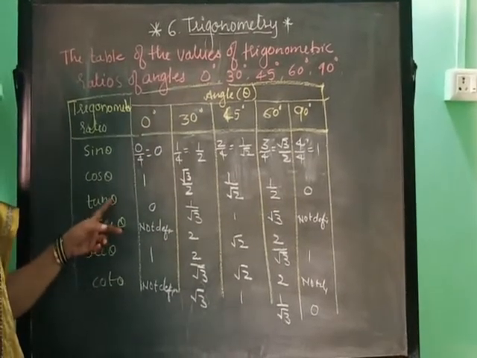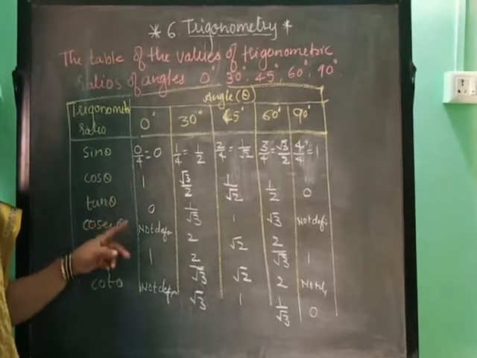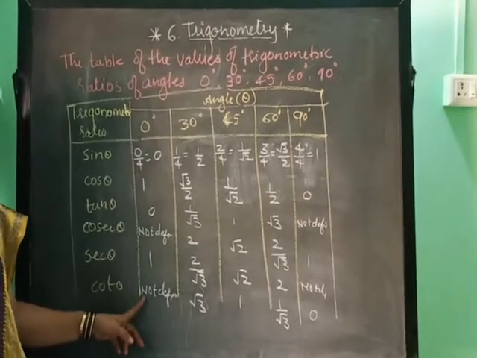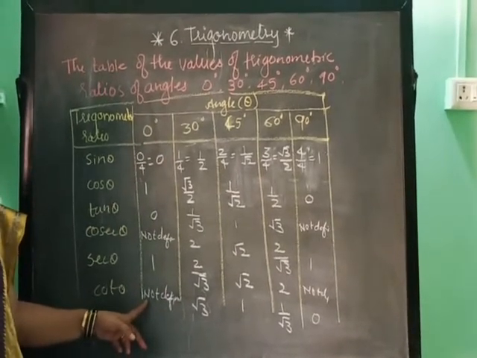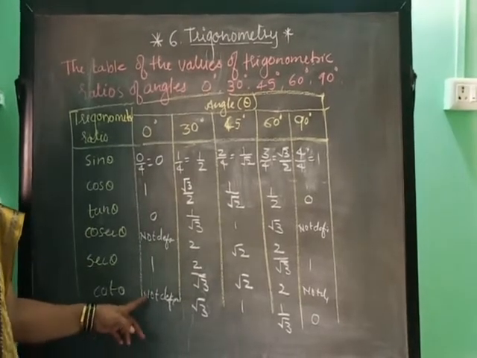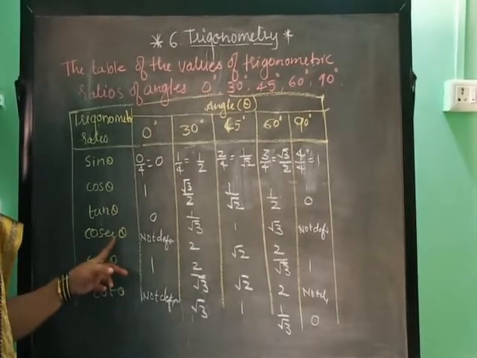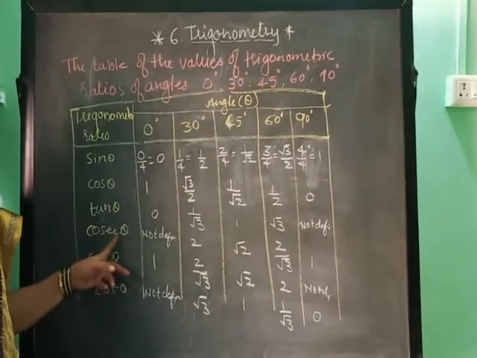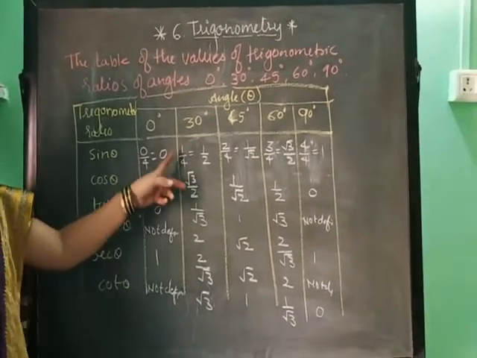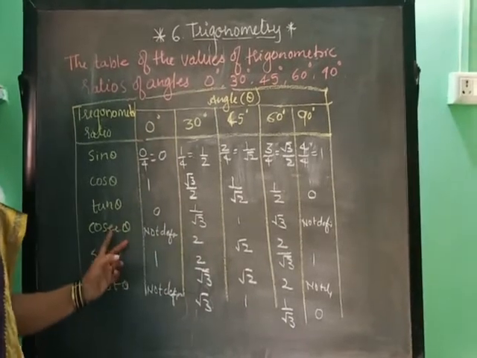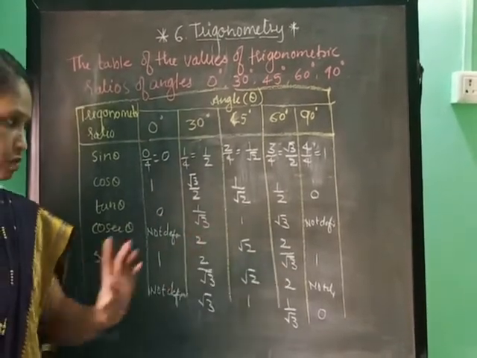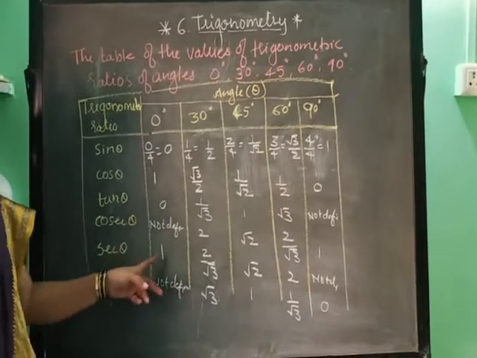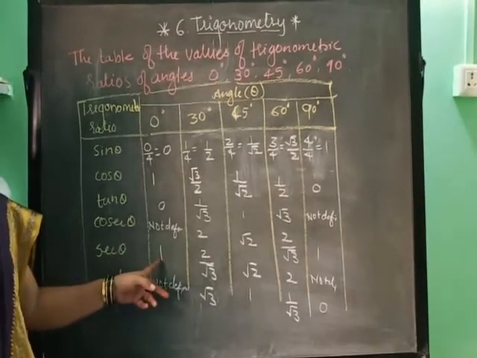In the same way, after getting tan theta, you do the reverse of tan, and you will get cot. After that you have to find cosec. Cosec is what? 1 upon sin. If you do it for all of these, you will get the values of cosec, and once you have them, you do the reverse of cosec and you will get sec theta.